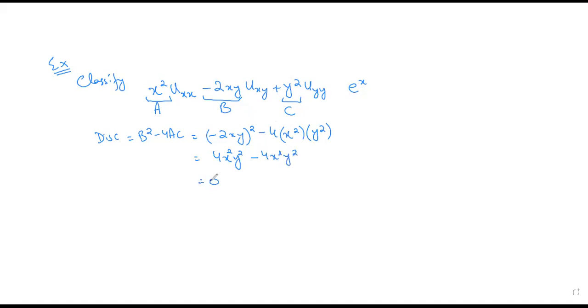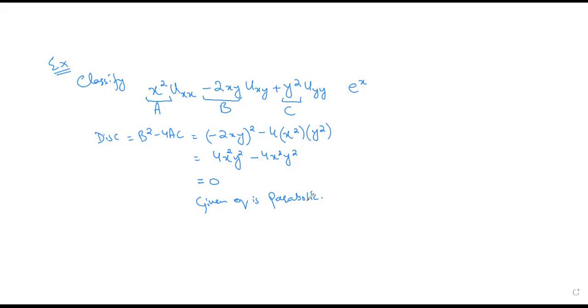So your answer is 0. If the value of the discriminant is 0, we say the given equation is parabolic. This equation is parabolic in nature. The first equation was hyperbolic, and the second equation is parabolic.